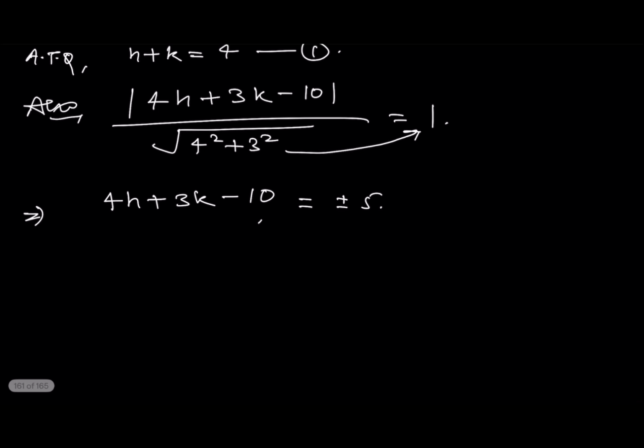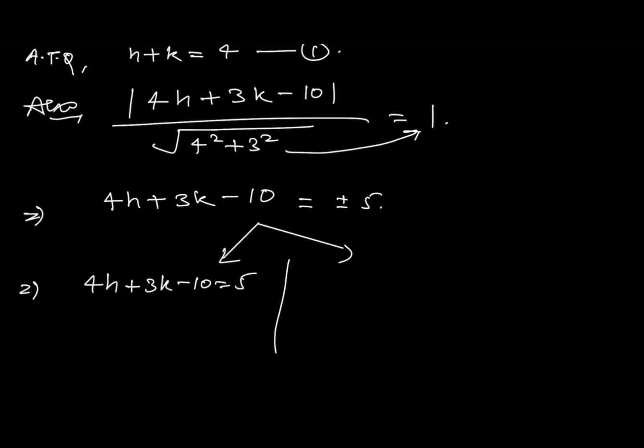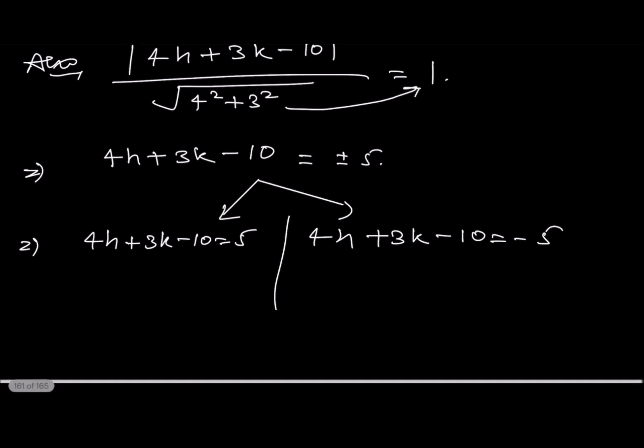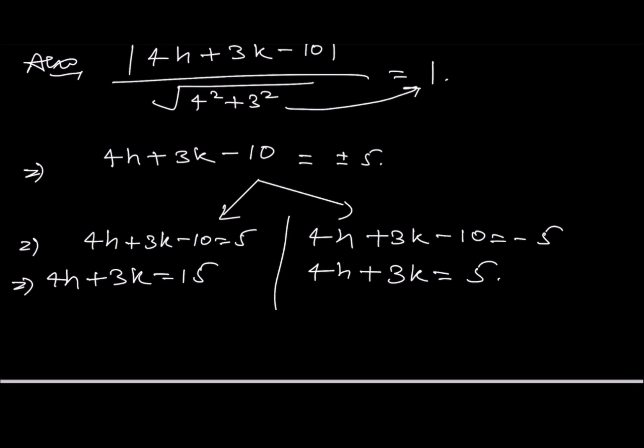So there will be two cases. First one is 4h plus 3k minus 10 is equal to 5, and second one is 4h plus 3k minus 10 is equal to minus 5. So 4h plus 3k is equal to 15, and 4h plus 3k is equal to 5.